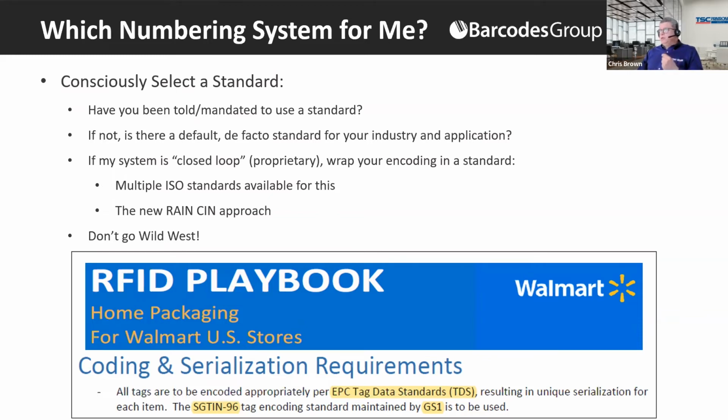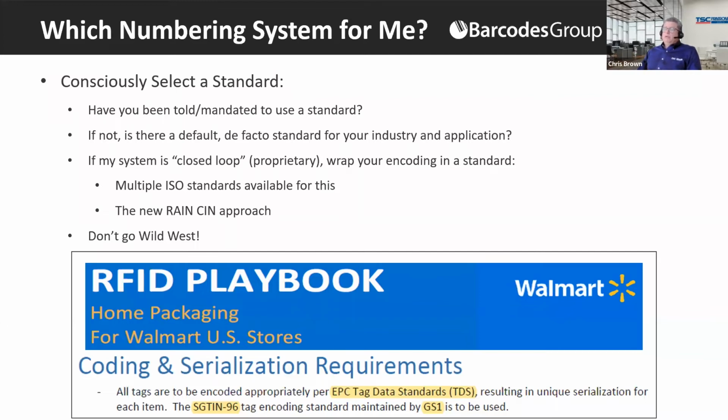There is no clear mandate, there is no law that says you must use this specific numbering system for automotive parts. But if you go and look in the industry, the automotive industry, almost everybody is using a specific ISO standard. And if you're in automotive parts, that's probably the standard you want to use as well.